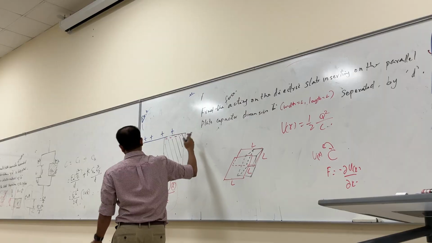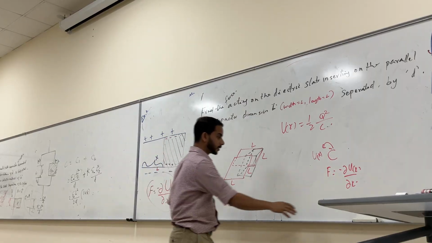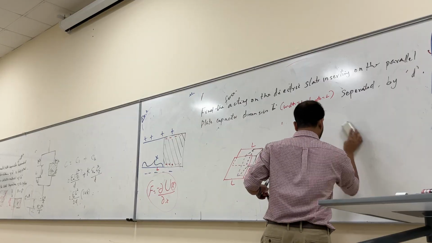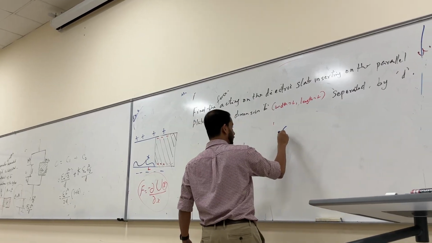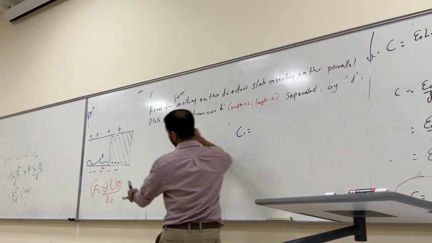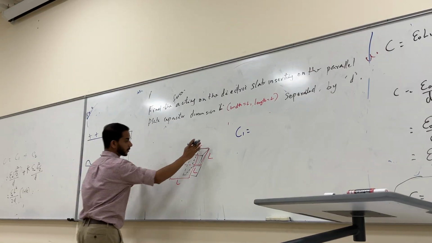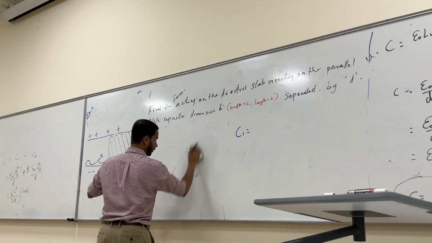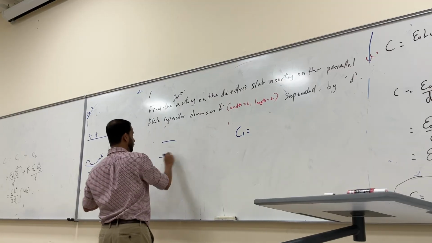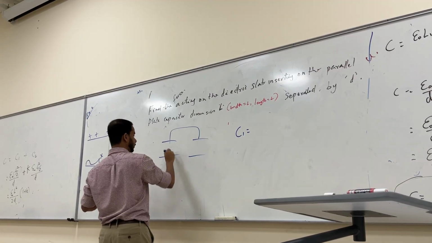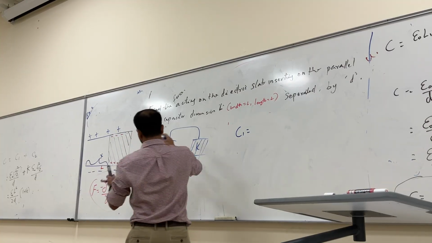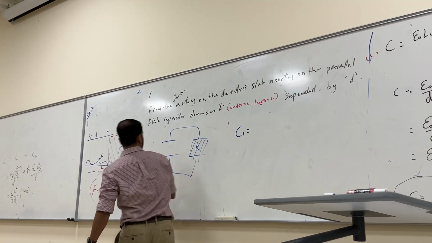Now, if you split these into two capacitors, what will be the area of the first one? I split this part, but I have the dielectric material which has some capacitance.